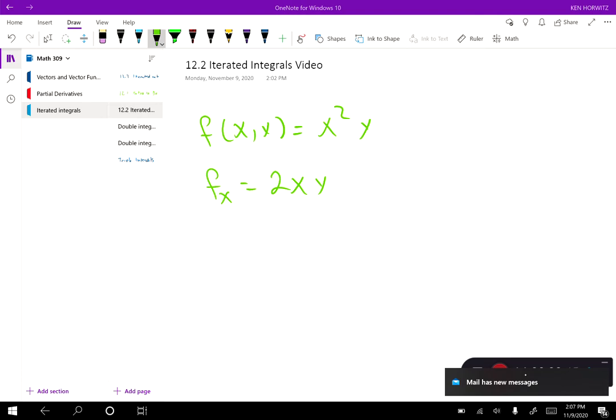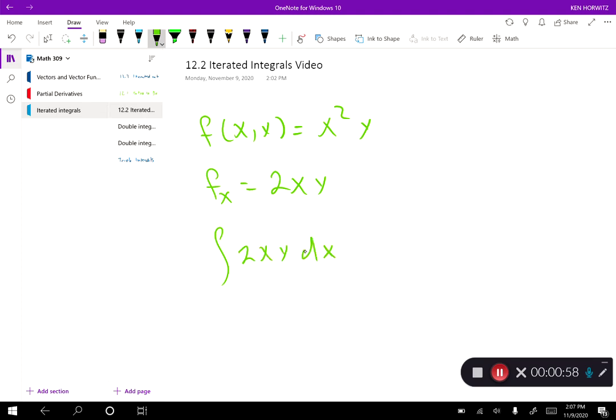Just like we did the partial derivative with one of these, we can also integrate this in a very similar way. So for example, if I wanted to integrate 2xy with respect to x, my 2y would be a constant, and I would simply be integrating x dx.